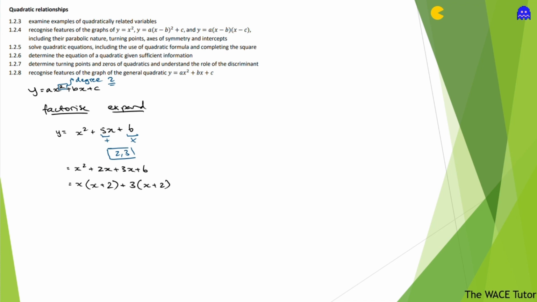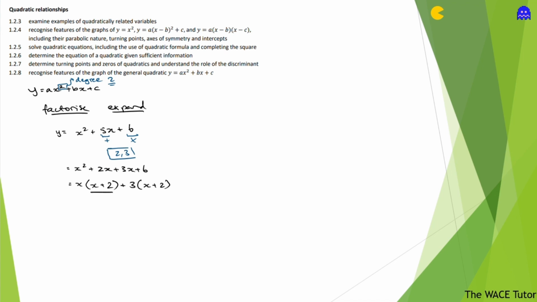As a result, we should have these two factors here. The important thing is that between the first two terms and the second two terms, we always need to choose the highest common factor in order to ensure that these are the factors we get at the end. And so what we do now is factorize by grouping.